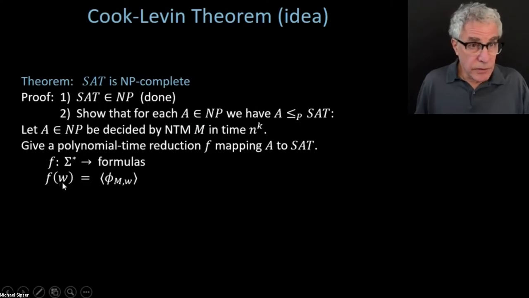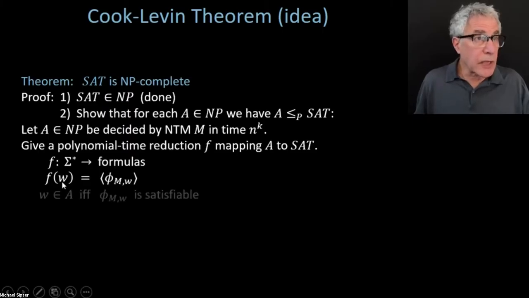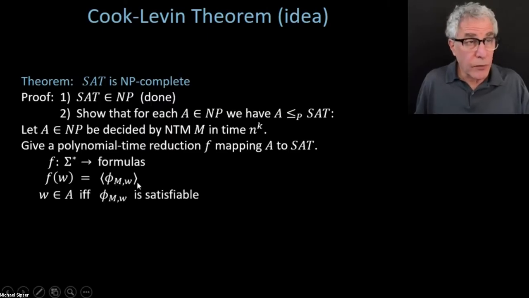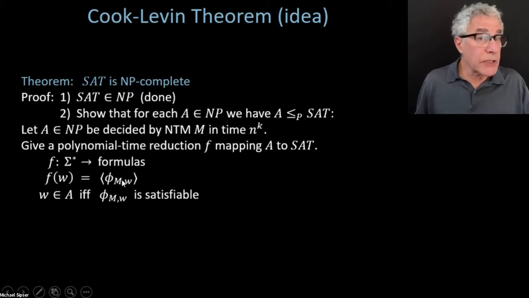Saying that more formally, it's going to take some string W and map it to a formula we'll call phi sub M,W, where M is the machine that decides A and W is the input. So F maps W to this formula where the string is in the language exactly when the formula is satisfiable.